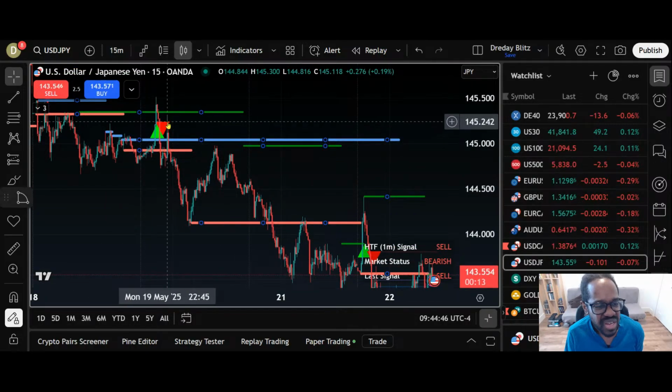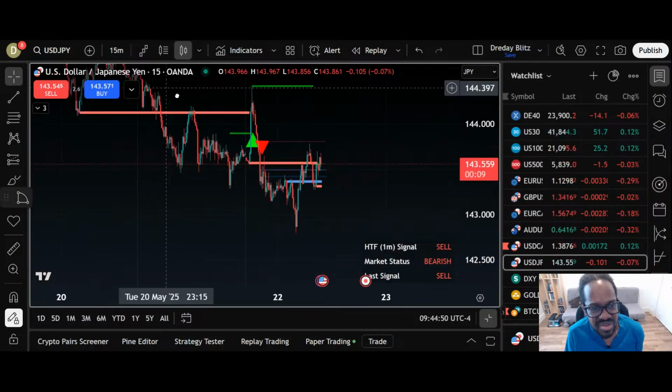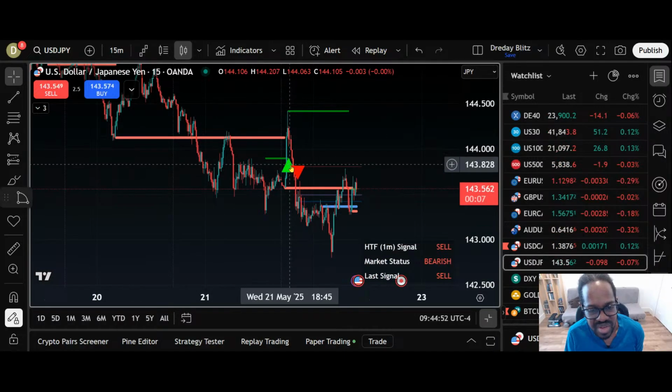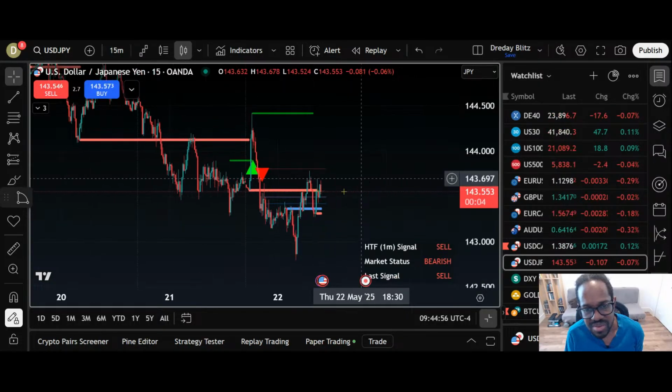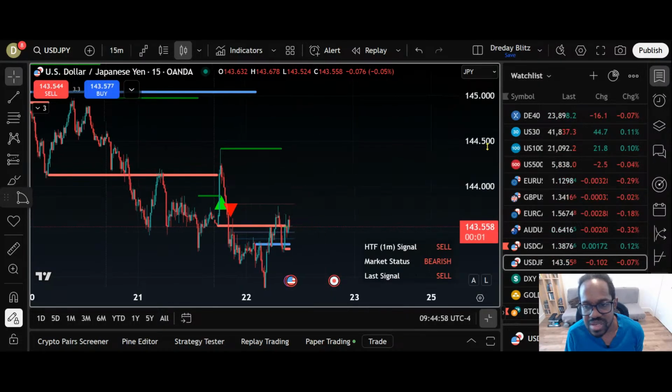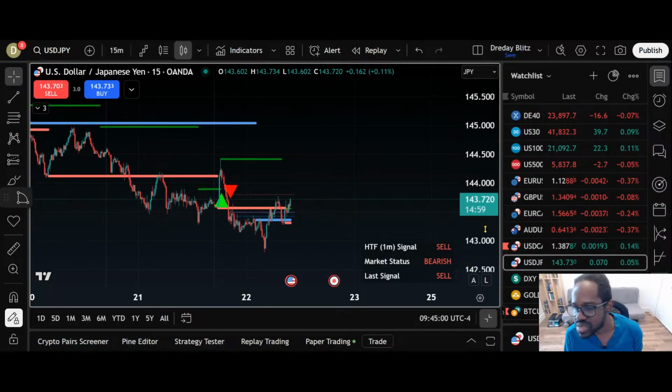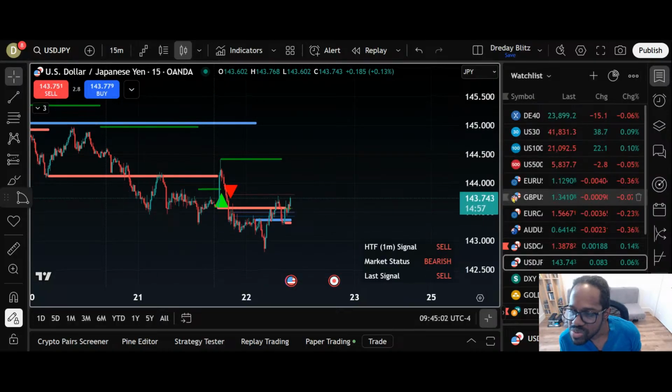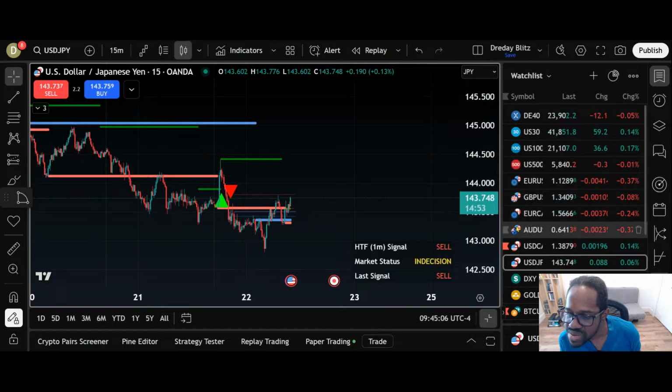So we had an up down here. So that was on Monday, sold off. Then you had on Wednesday up and then a down. Now we're waiting for an up entry on USDJPY. Let's see here.